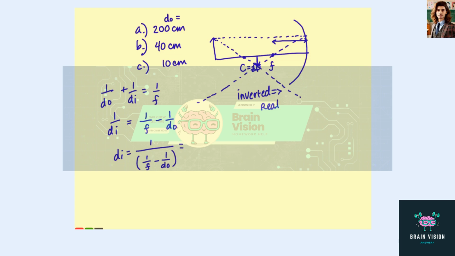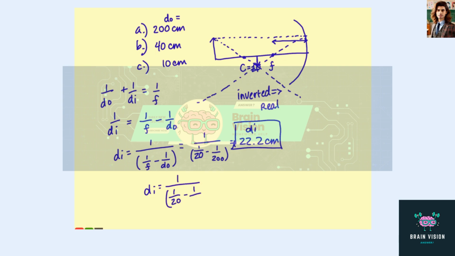So for part A, you can do 1 over 20 minus 1 over 200. So 1 over 20 minus 1 over 200, and then 1 over that gets you a distance of your image of 22.2 centimeters for part A. You can repeat the process for part B. So this is 1 over 20 minus 1 over 40.